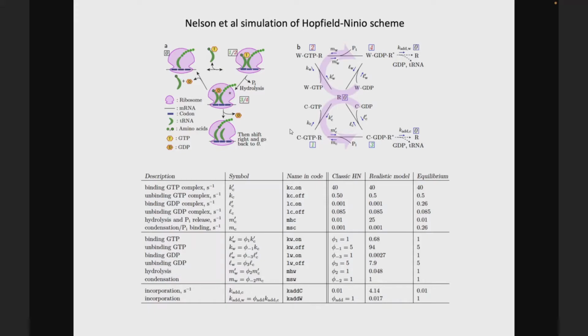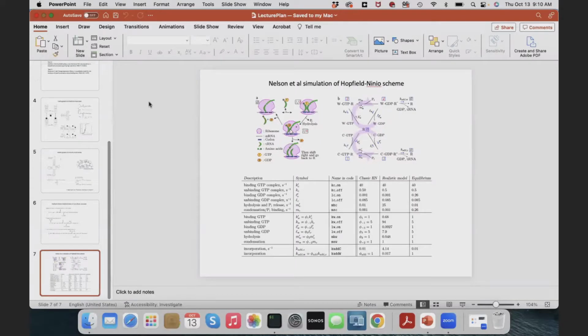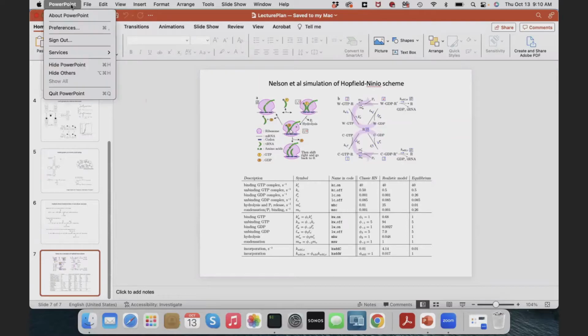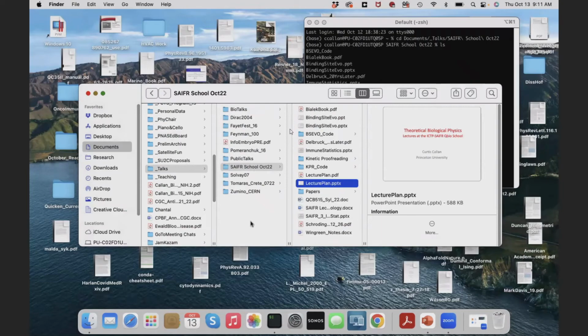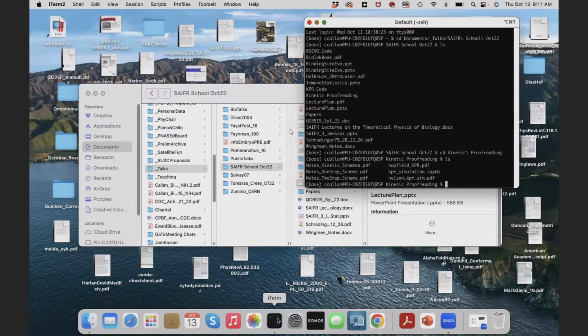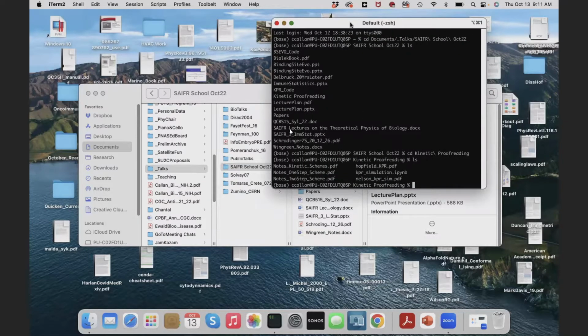So let's go back, I want to escape, okay, I think we don't need that anymore. All right, so what I'm going to do is to run the program.